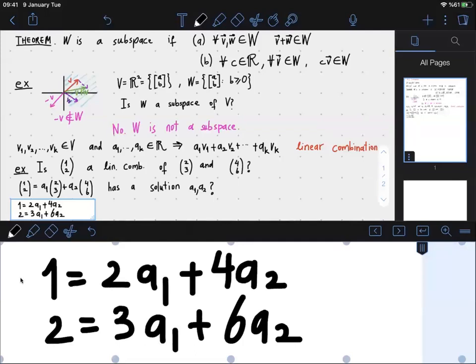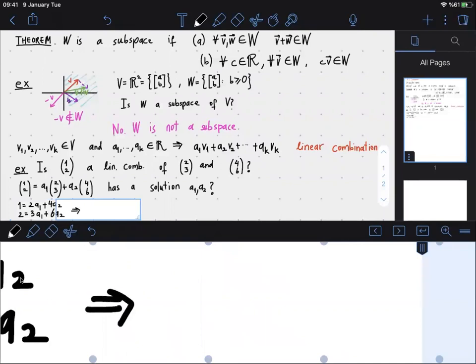We can't. Because if I multiply the first equation by 3, I get the left-hand side equals 3. And if I multiply the second equation by 2, I have the left-hand side 4. But the right-hand sides are equal. So these equations cannot be solved.